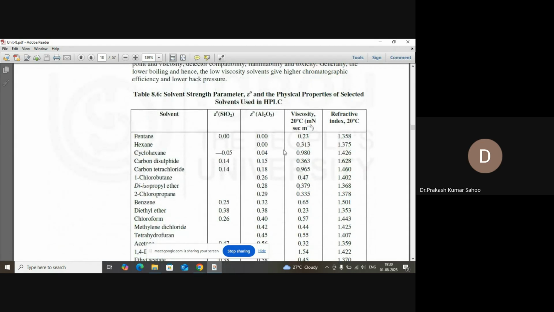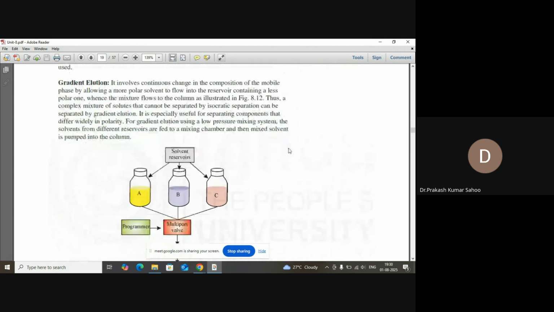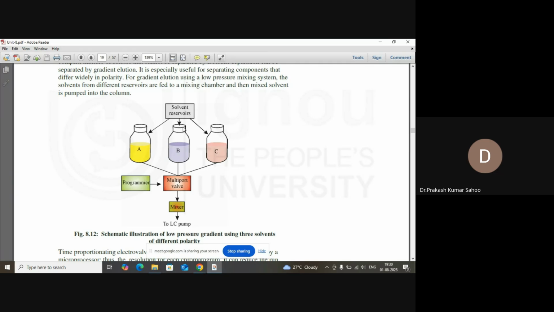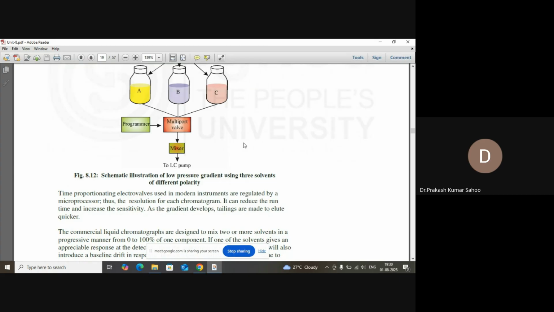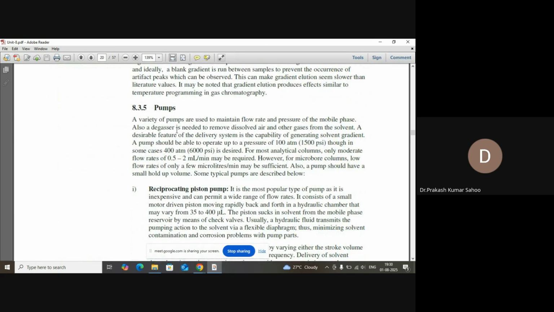Then we have the solvent strength parameter and physical property, and this type of table is already discussed in liquid chromatography. And we have the gradient elution, that is solvent reservoir, we have A, B, C, and depending on the polarity and the application, the solvents are used accordingly. Then the pump, everything is given here in detail.